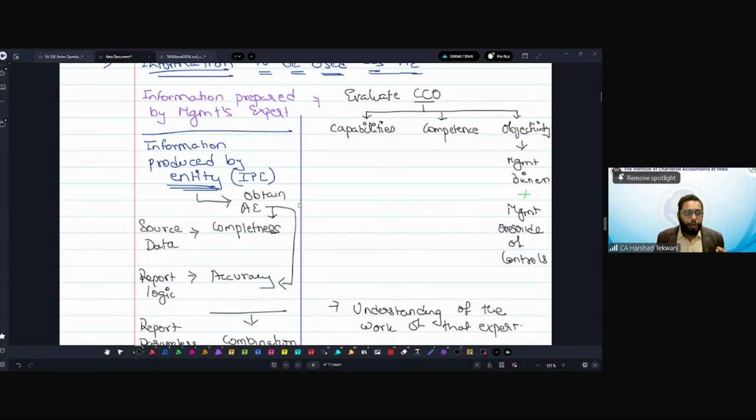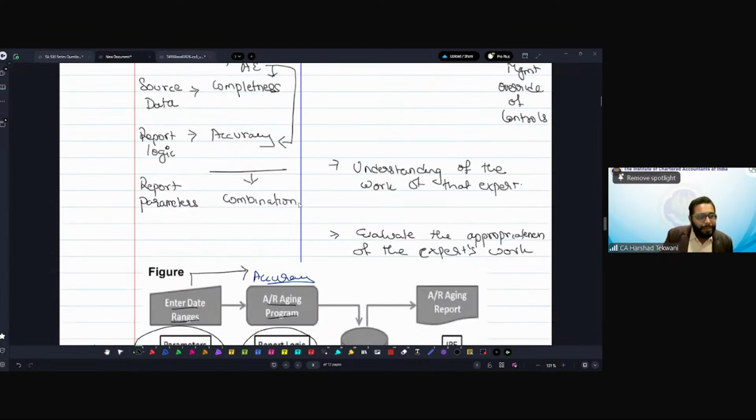And second, you need to understand that the information needs to be precise and detailed for my purpose. Basically, it is appropriate for my purpose. IPE should be appropriate for the auditor's purpose.